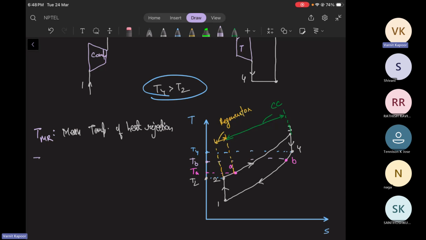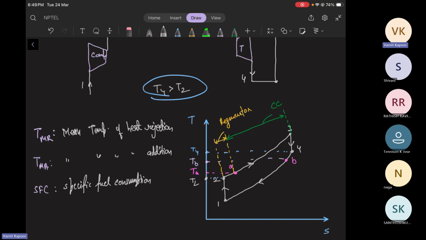The other is TMA, the mean temperature of heat addition. And the other is SFC, specific fuel consumption, as we saw in the IC engines as well, brake specific fuel consumption. These are some three terminologies.